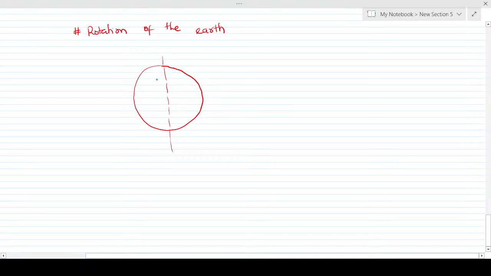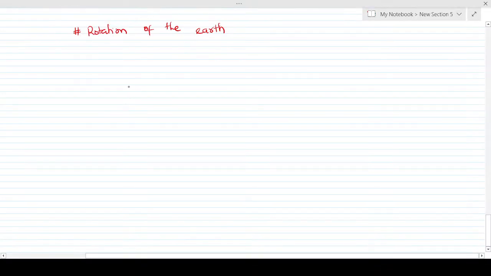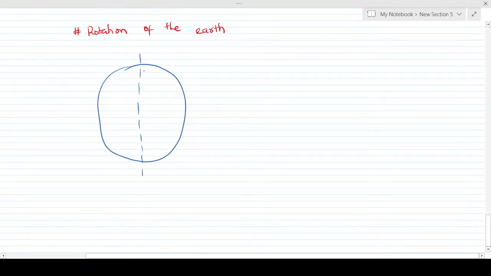Let me draw these latitudes. I'm not drawing this well. Let me erase and take a different color and draw this well, so that you can clearly see what I mean. So if this is the earth and this is the imaginary axis of rotation that passes through the earth, let's say this is my latitude.